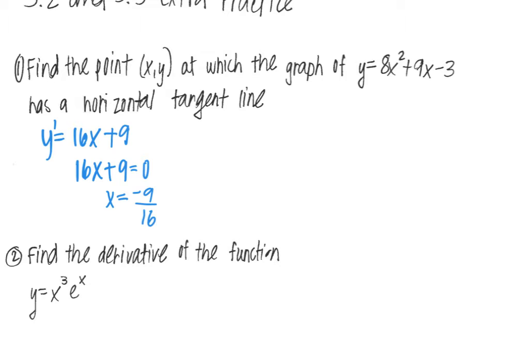Now, this is our x value. When we want to find our y value, we'll just plug in negative 9 over 16 into the original function, and that'll give us our y value.